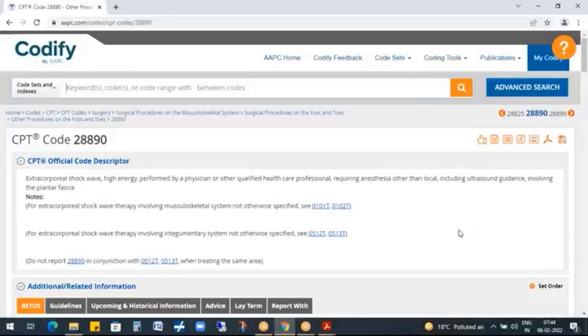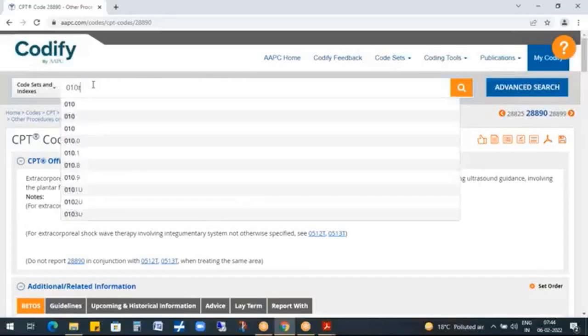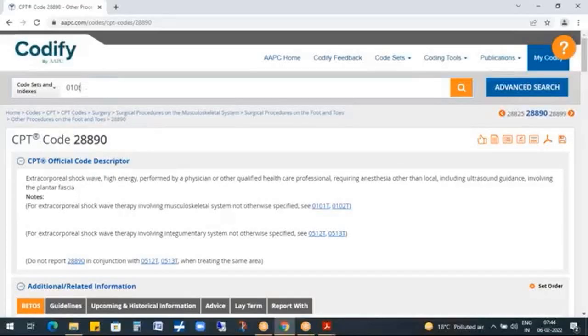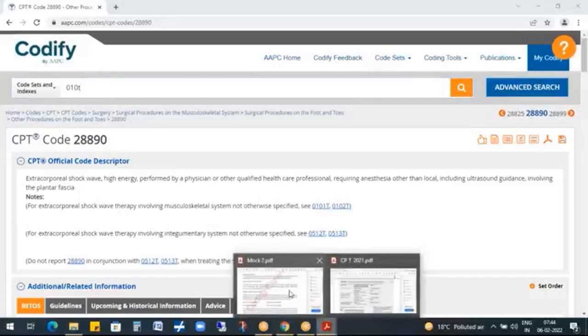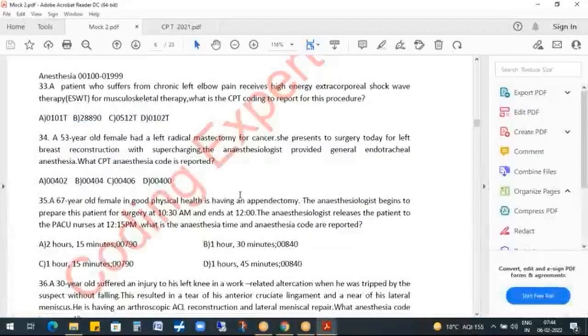Where is all this about plantar fascia? No, right? Just what they are telling about 0101T, right? If you read the code description, that is exactly matching with your procedure performed. Okay, they're performing ESWT for musculoskeletal therapy.